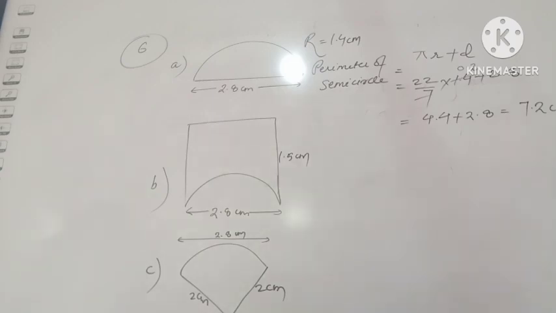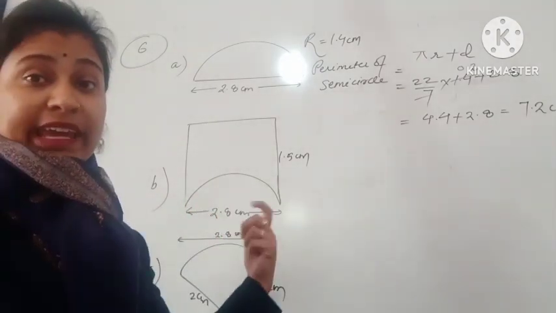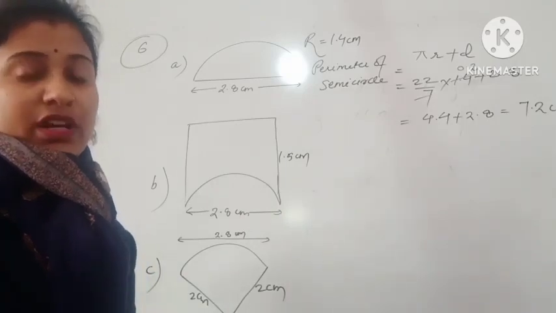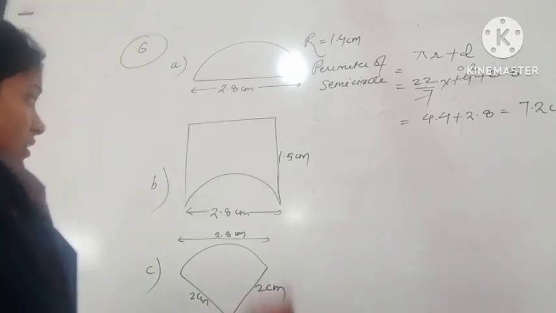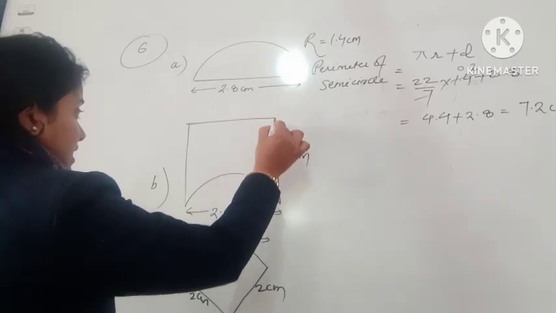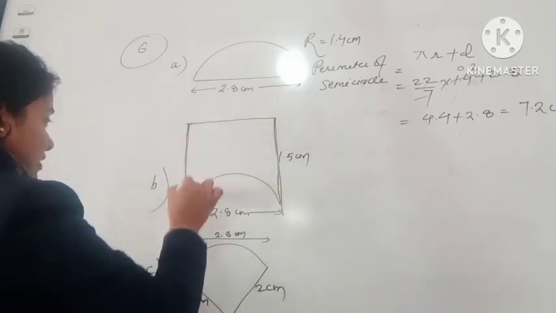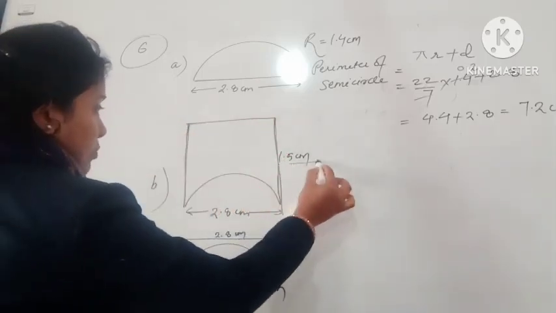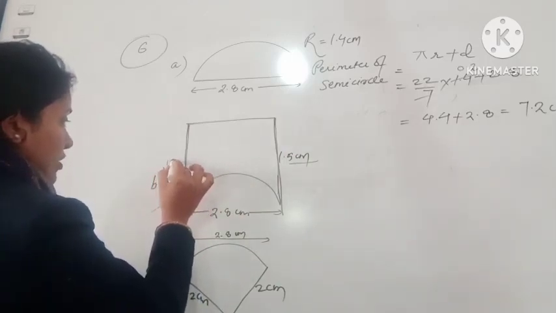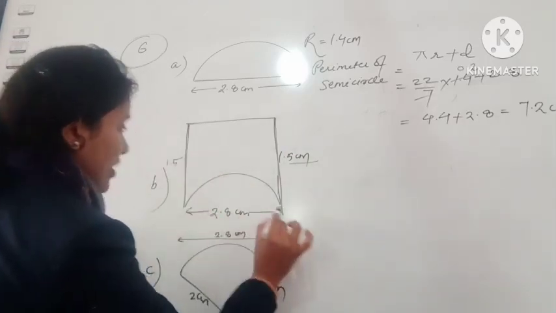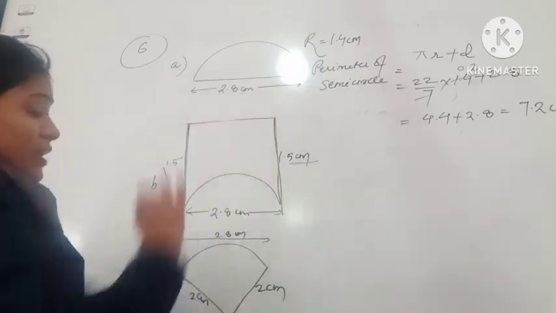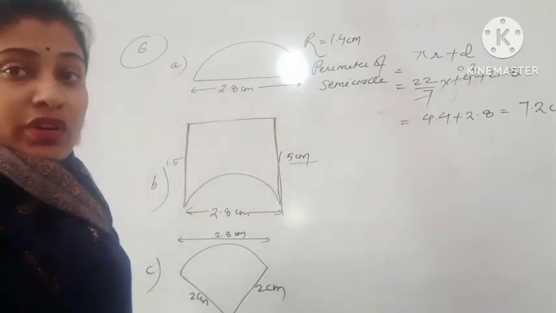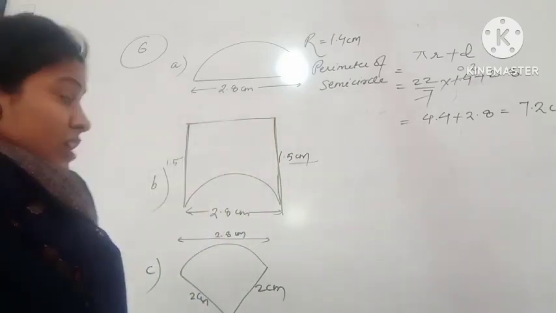Now let us take the case of the second figure. Here, can you see, this is in the form of a rectangle. If this is 1.5, this will also be 1.5. This whole is 2.8, so obviously this will be 2.8. First we will calculate the distance travelled by the ant in these straight lines.